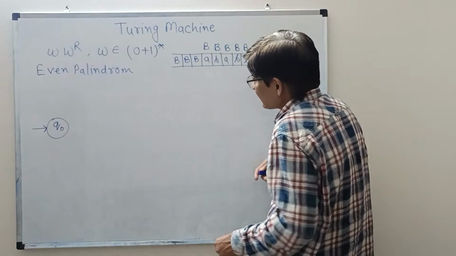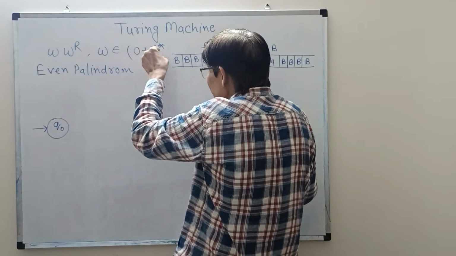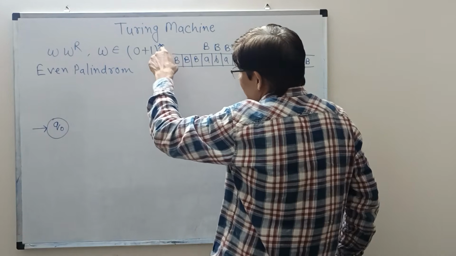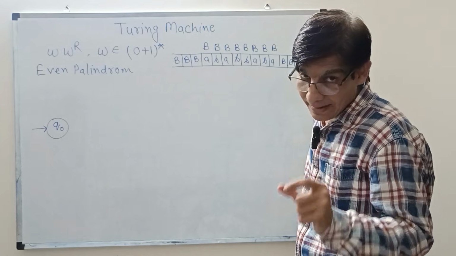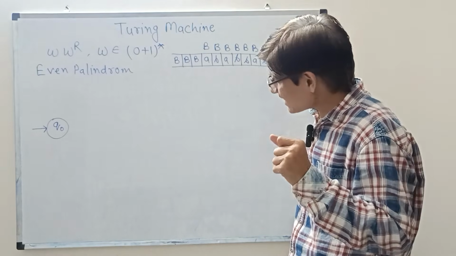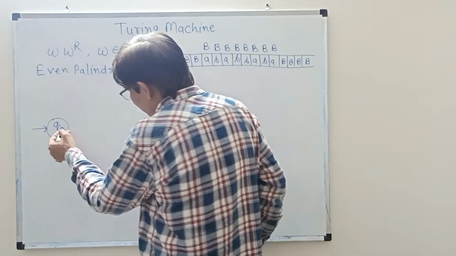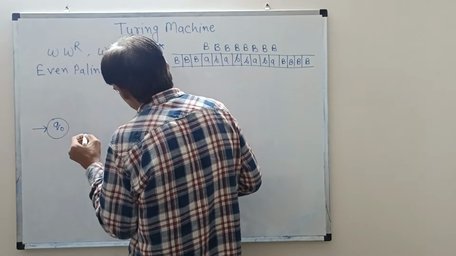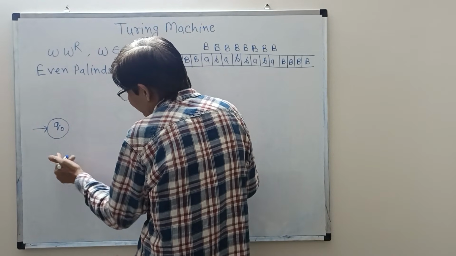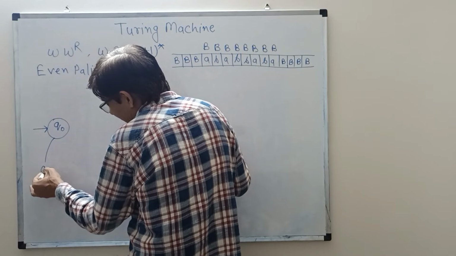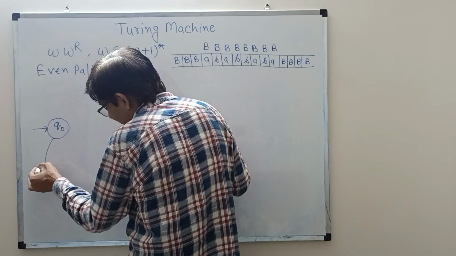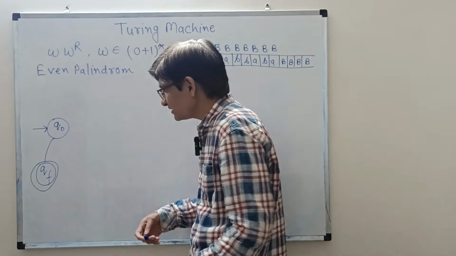Now as W may be any string from this set, it may be epsilon also, and epsilon must also be accepted. So on Q0, if you get blank, that means nothing is there, so you can directly move to the final state. I am representing this as QF.